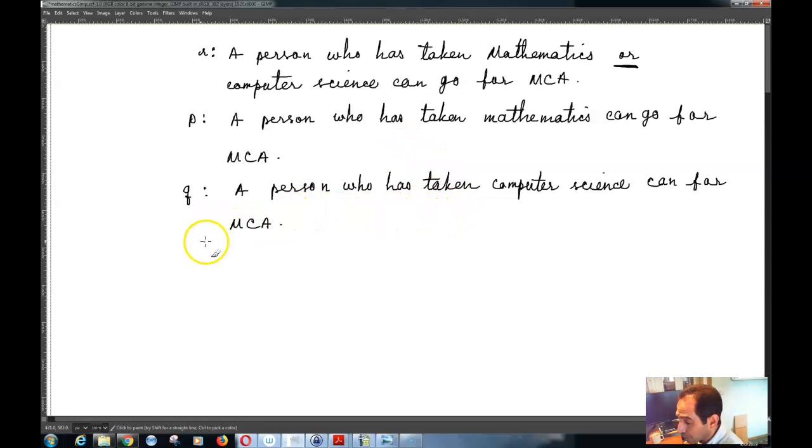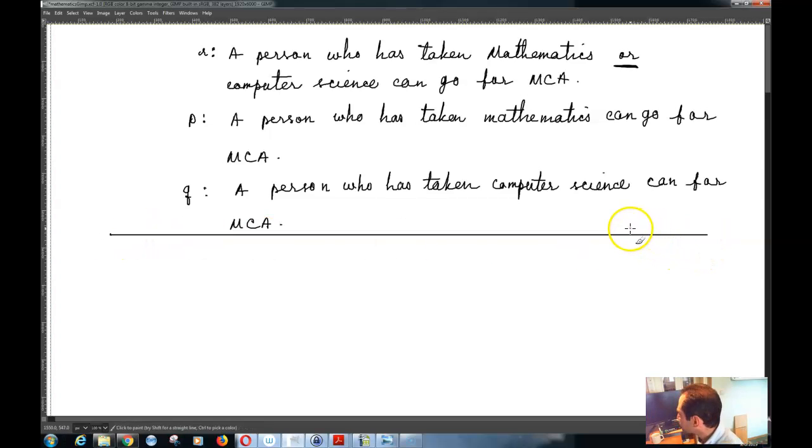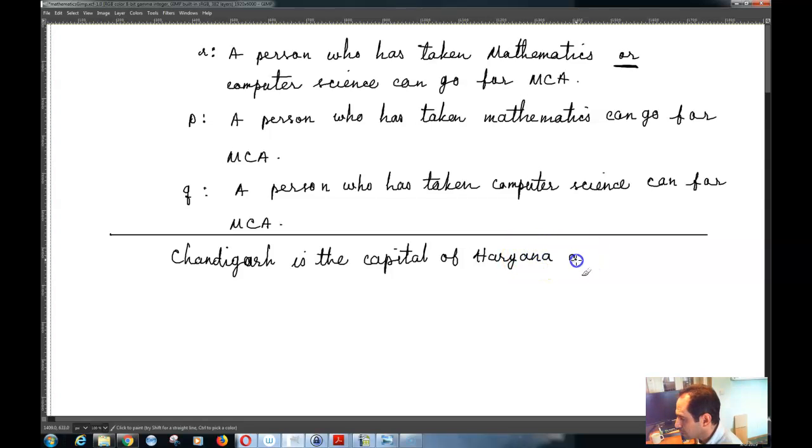Now, another statement that we have: Chandigarh is the capital of Haryana and Uttar Pradesh, two states in India.